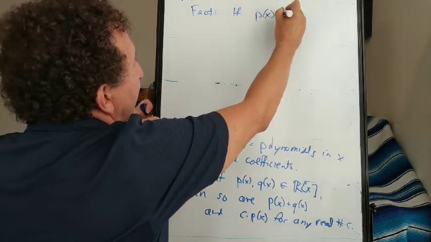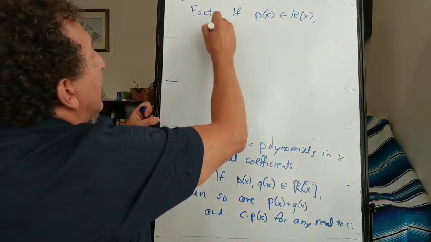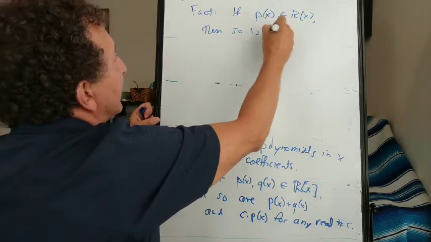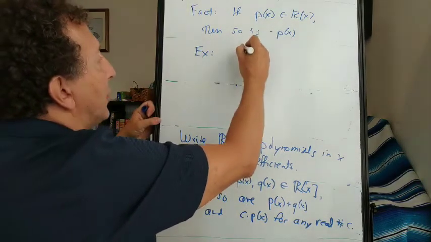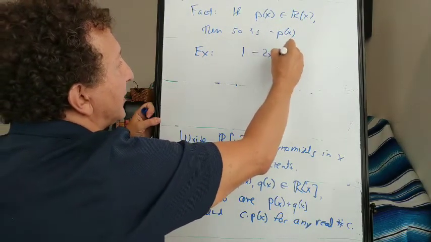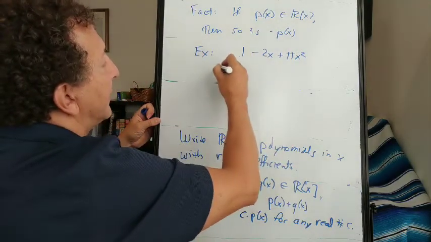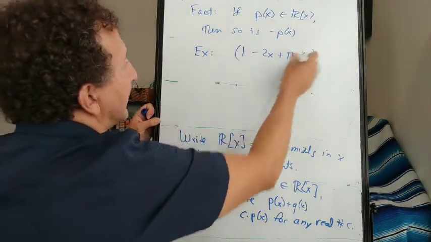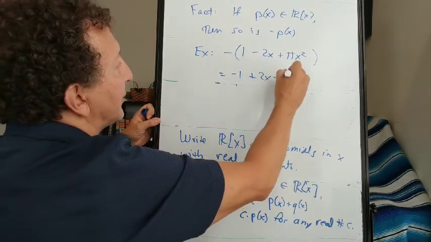Now if p of x is a polynomial, then so is negative p of x. So for example, 1 minus 2x plus pi x squared, the opposite of it is negative 1 plus 2x minus pi x squared.